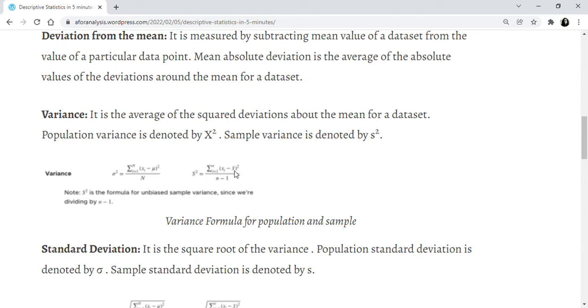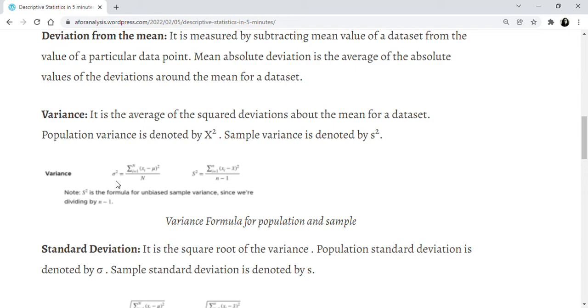And if we do the same thing for a small sample, it would be the sample variance, denoted by S square. And population variance is denoted by sigma square.